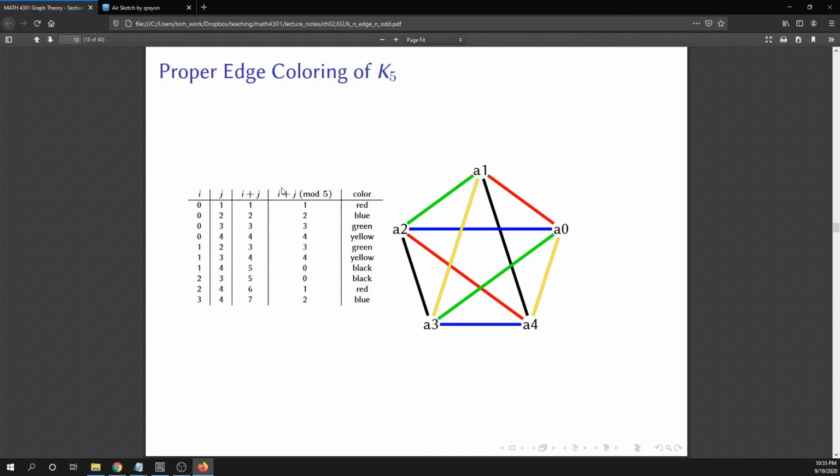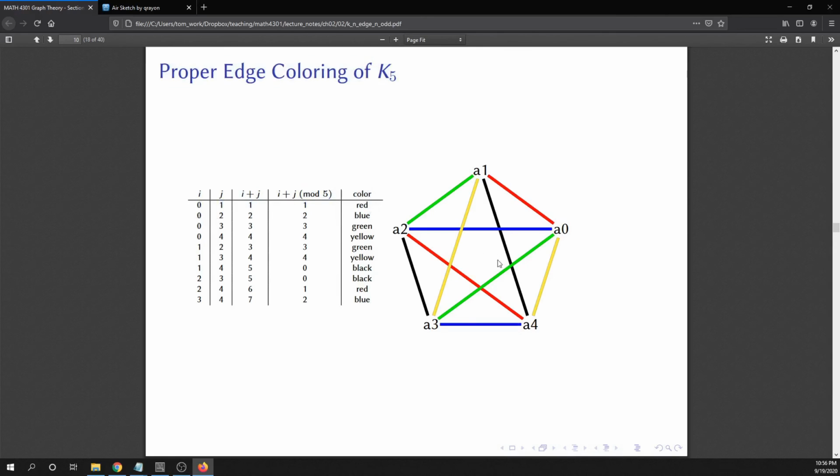So the edge from 0 to 1, here I know I have them labeled A0, A1. I just felt it was so much easier to let the typesetter do it the way it wanted to, and that was with an A in here. So this is 0 to 1, and you can see I color that edge red.